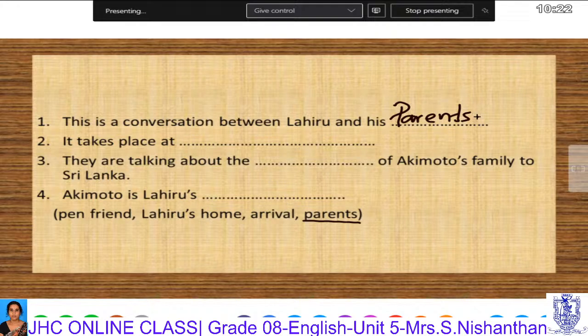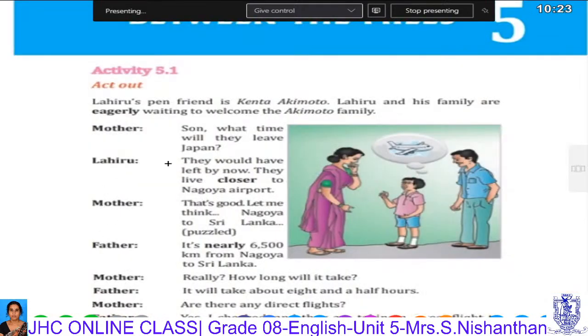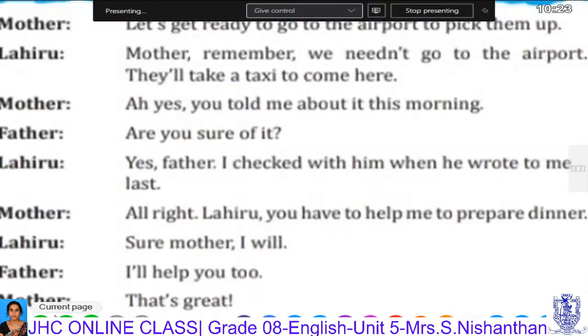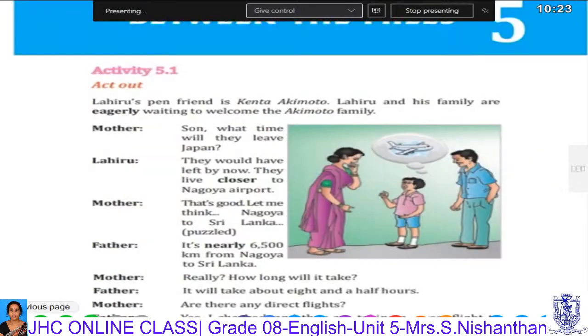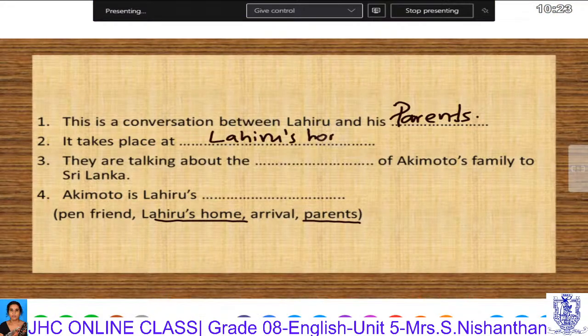It takes place at Lahiru's home. It's nearly 6:50. By looking at this, you can find out. Lahiru, you have to help me to prepare dinner. So they are at Lahiru's home. They are talking about the arrival of Akimoto's family to Sri Lanka.